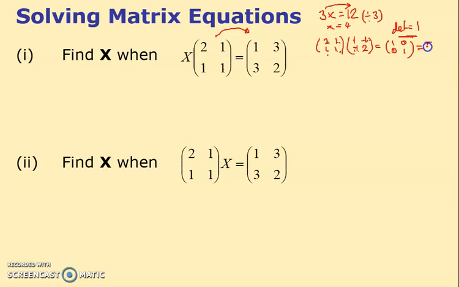Notice this is the identity, and this is actually what I want. If I do M times M inverse, any matrix by its inverse, you get the identity. And likewise, if I do M inverse times M, I will get the identity. So this is a really important idea.